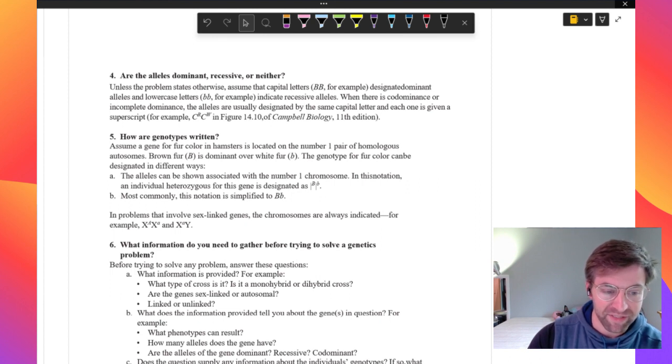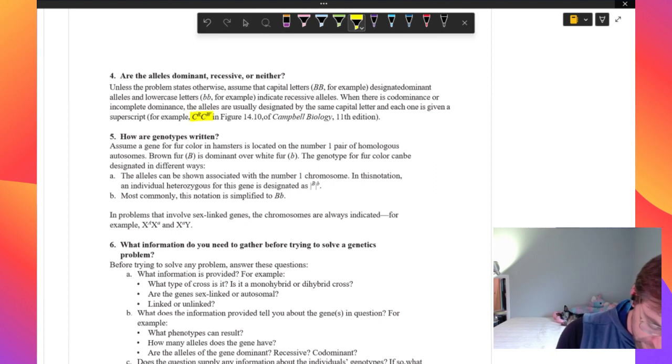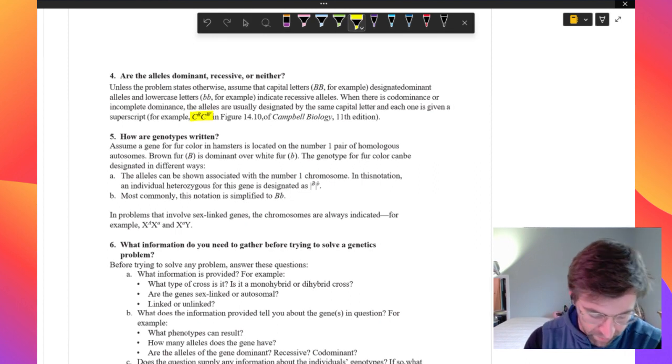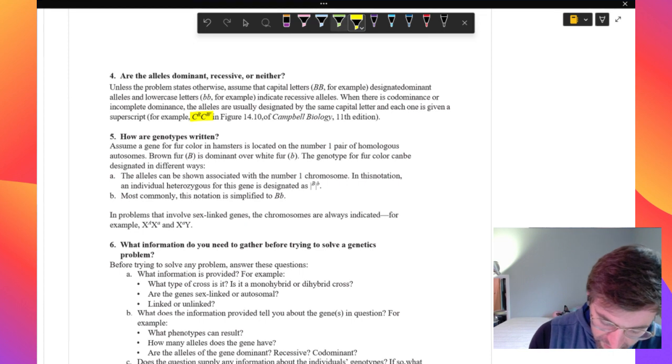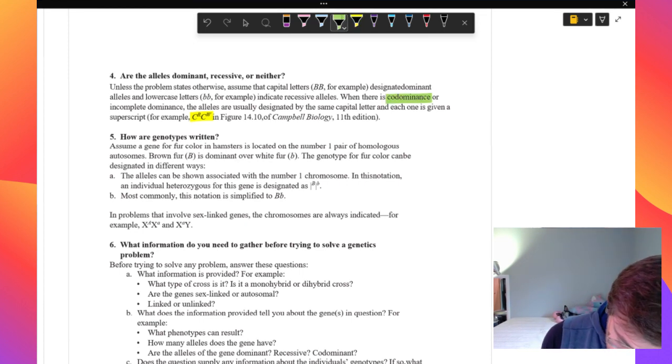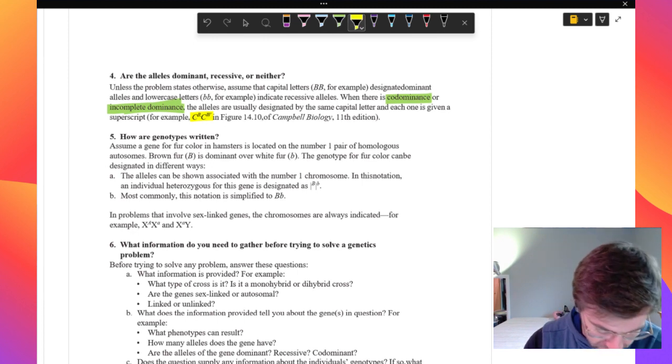For example, C superscript R, C superscript W, in figure 14.10 of Campbell Biology 11th edition. You will see more examples of that. Great, so there's your notation. And I'm going to highlight in green here codominance or incomplete dominance. Know what those mean for your exam.